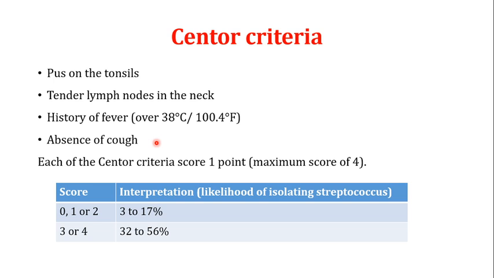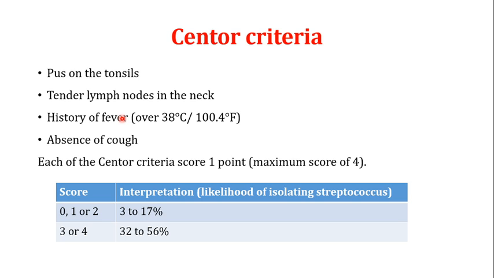Say for example, you have pus on the tonsils and tender lymph nodes, so this is giving you 1 point, and this is giving you 1 point. If the other two are absent, the total score will be 2. If 3 are present, it is going to give you a score of 3.